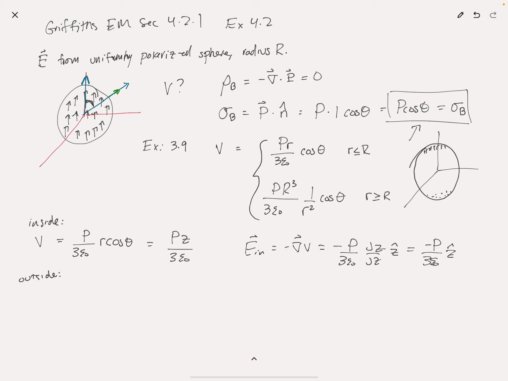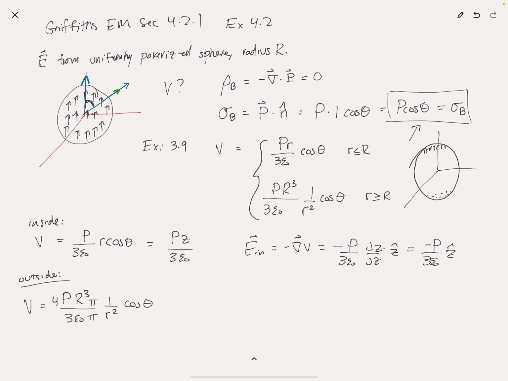Then outside, my potential is equal to P R cubed over 3 epsilon naught, 1 over r squared, cosine theta. I'm going to throw in some extra terms that are going to seem unnecessary at first. I'm going to put pi over pi, just multiplying by 1, so that's fine to do.